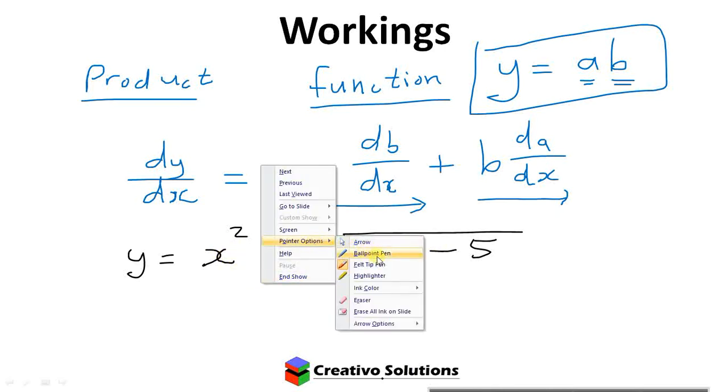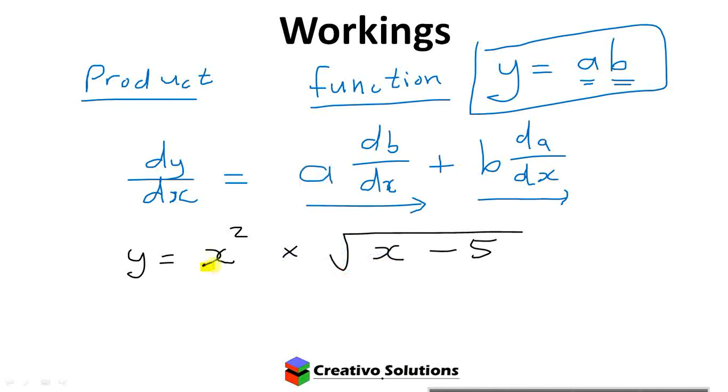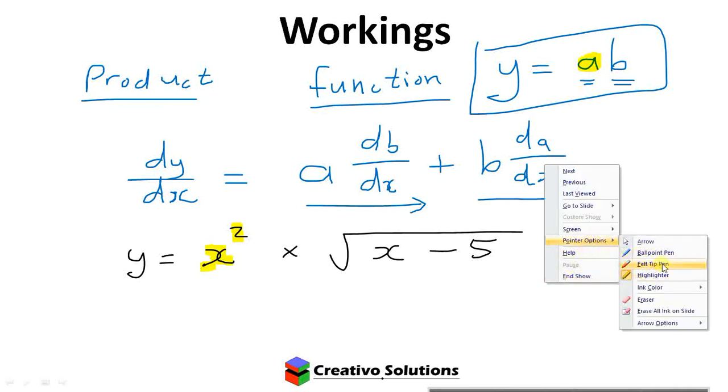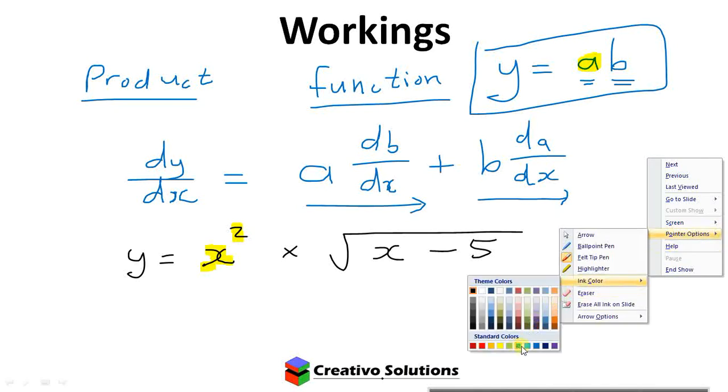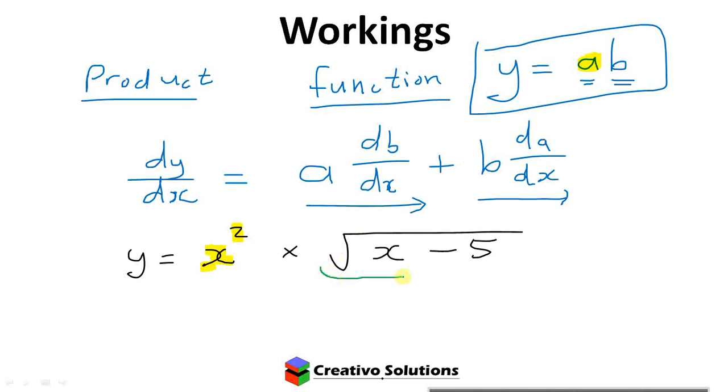So if I highlight this, this represents the A. This represents the B. Okay, you've got two separate terms.